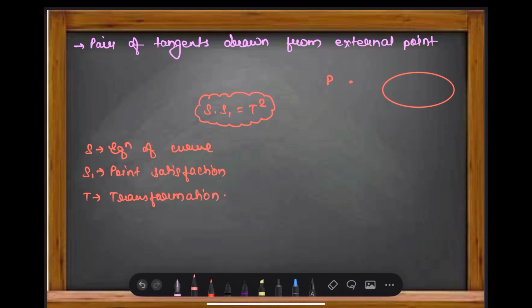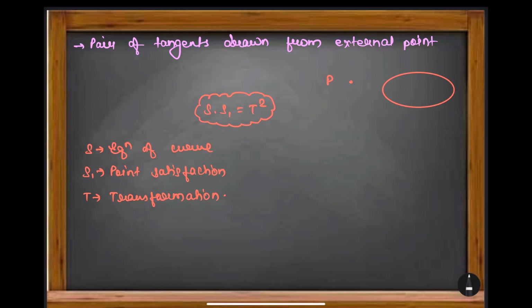So how will we take the transformation? You know that you have handled x square with x1. Suppose this P is (x1, y1). Now y square with y1.